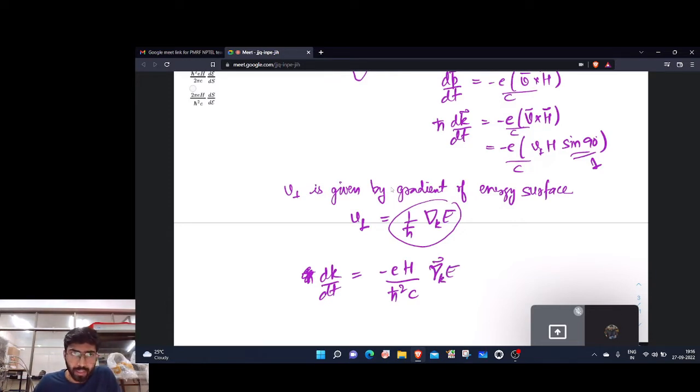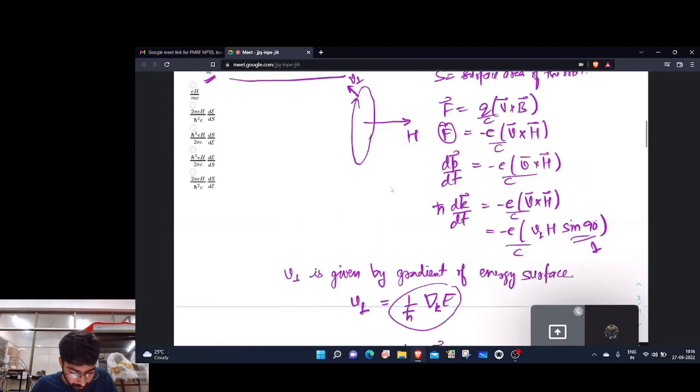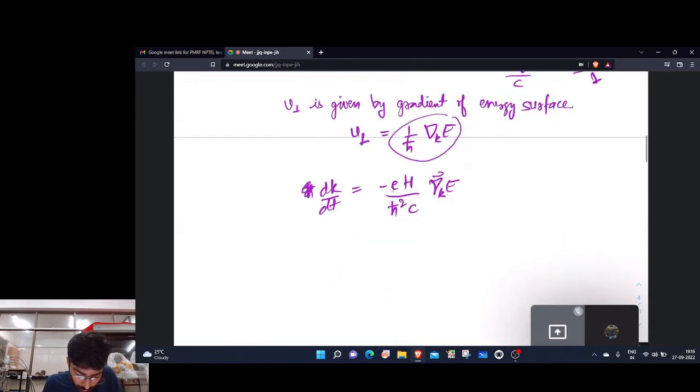Now to find out this cyclotron frequency, which can be found out by omega equals 2 pi divided by T, where T is the time period for one oscillation of the electron in the orbit.